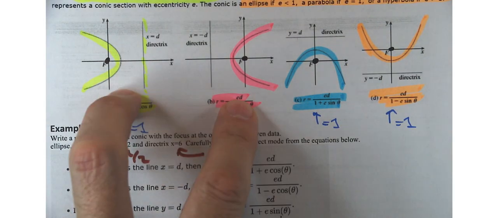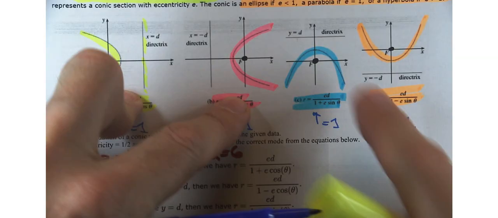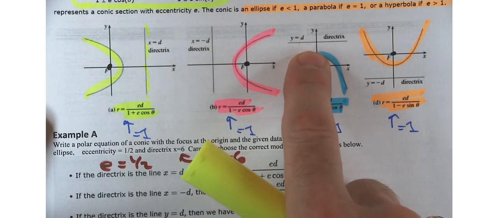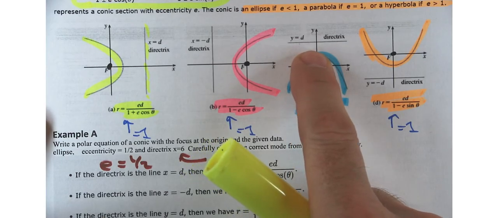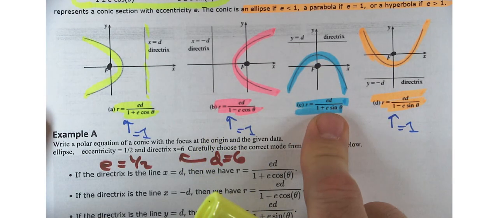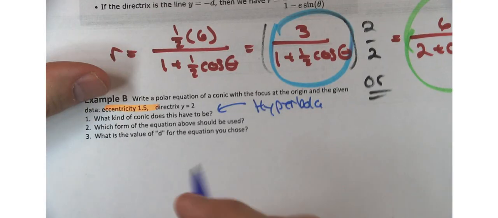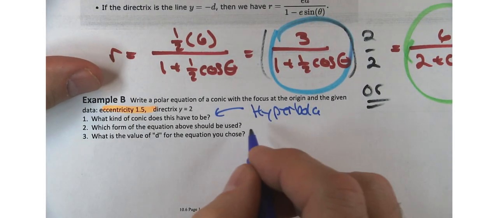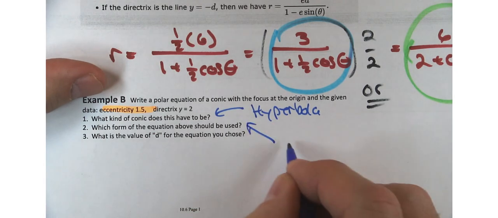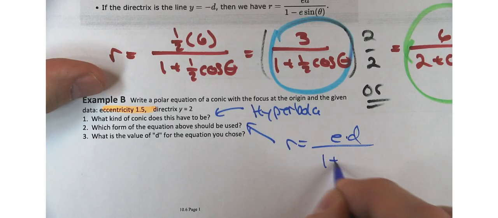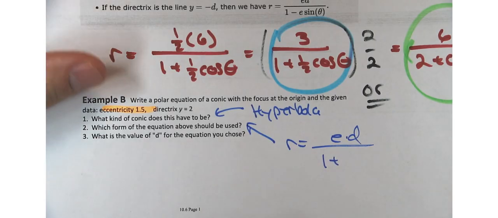It has to be one of these forms. Now, because we've got a directrix with a positive value for D, we're going to choose this form. So it's going to be R equals E times D over 1 plus E times sine of theta. So R equals E times D over 1 plus E times sine of theta.